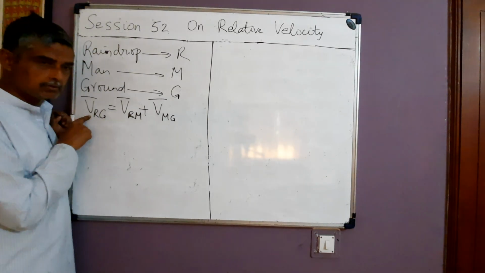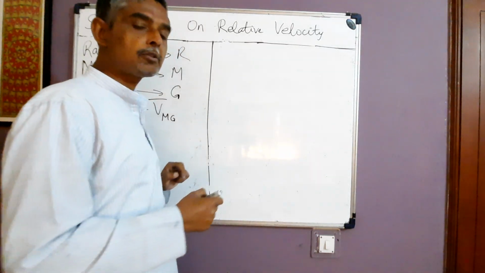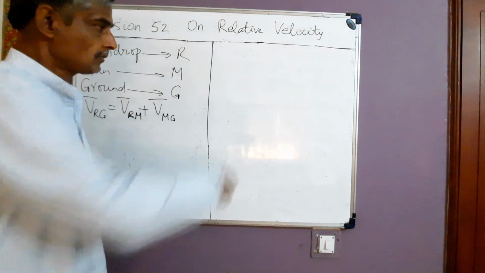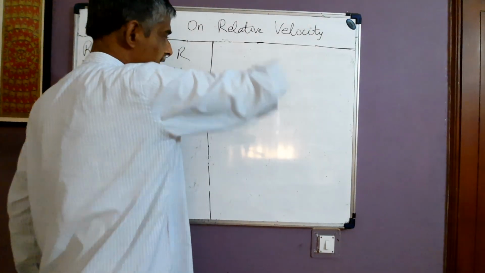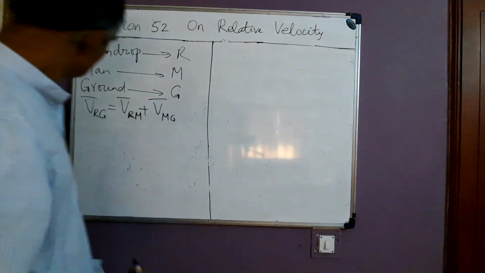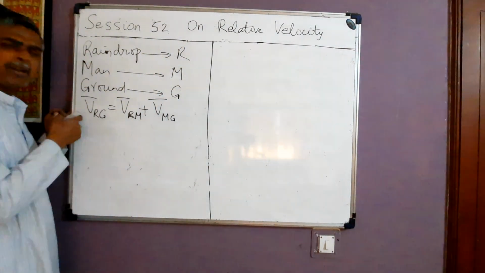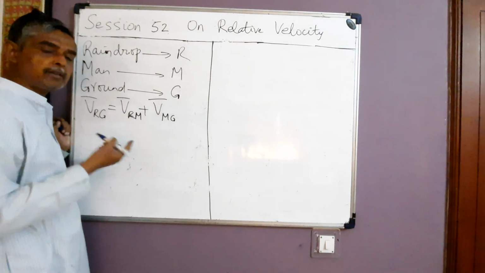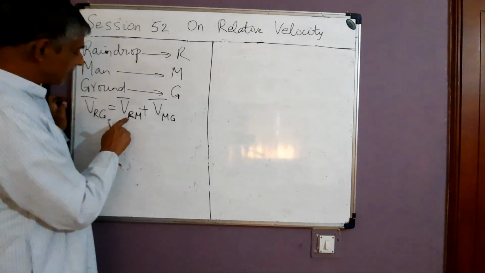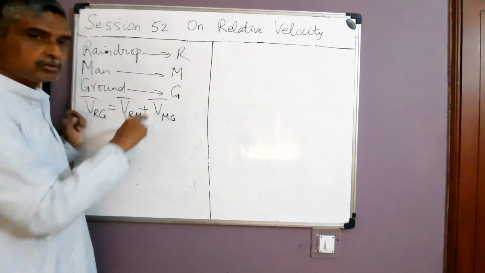Now see, the magnitude of VRG is not given. Only one thing is given: it falls at some angle to the left of the downward vertical. Raindrops with respect to ground move at some angle to the left of the downward vertical, but that angle is not specified. For VRM, the velocity of rain with respect to man, nothing is given but its direction for two values of VMG.